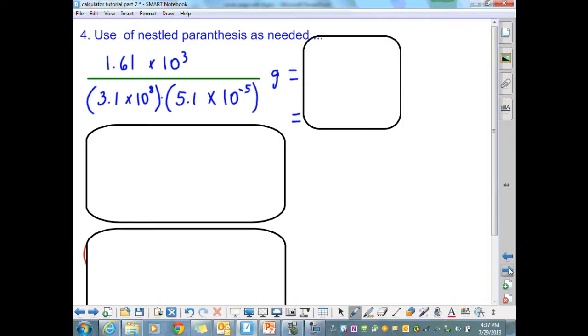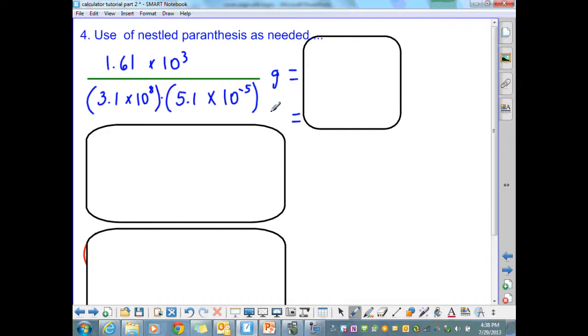Okay, the next point I'd like to make is the importance of the use of nested parentheses as you are calculating an expression. So for instance, to evaluate this quantity right here, you have a set of parentheses for this product, a set of parentheses for that product. If you were to enter this entire expression as you see it into your calculators, you will actually get a wrong answer.